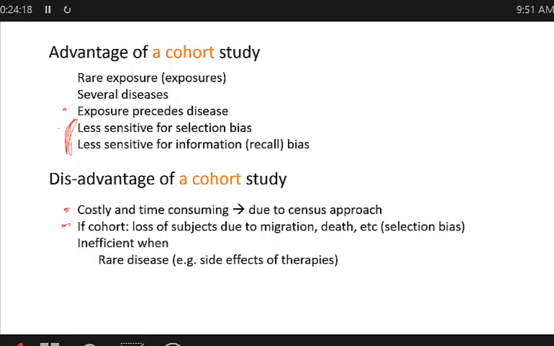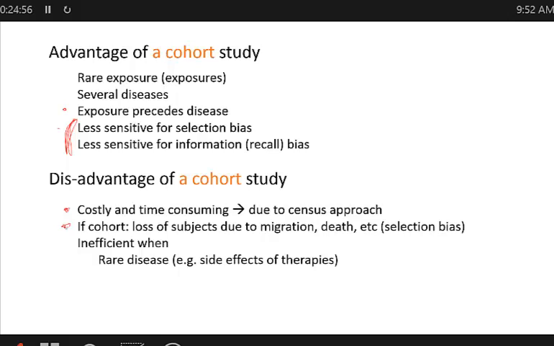And if it's a cohort, let's say loss of subjects due to migration and death, etc. So even when you have a perfectly designed study, since we are following humans, sometimes a missing observation occurs. But prospective cohort design is much, much better than retrospective cohort design in terms of missing data. Okay. And so I think prospective cohort study is still a stronger design for missing patterns.